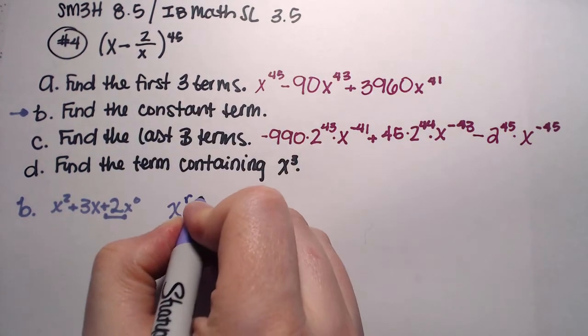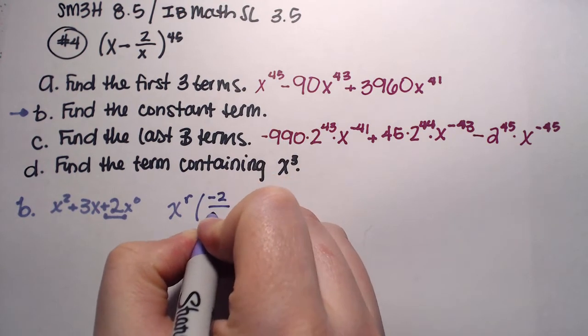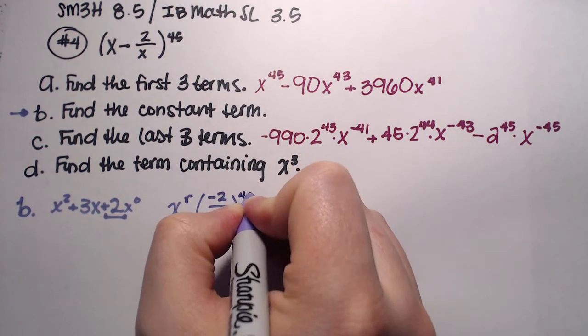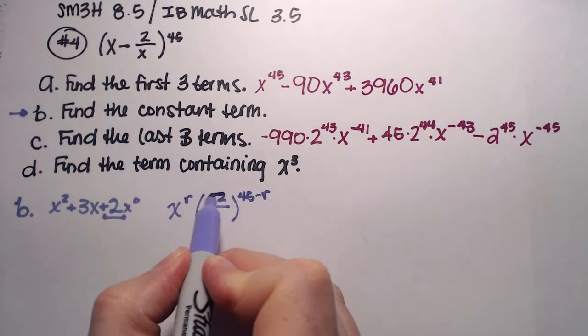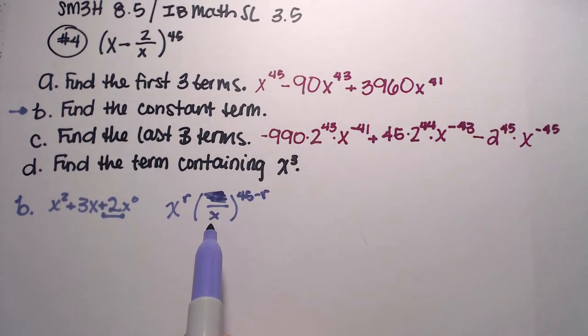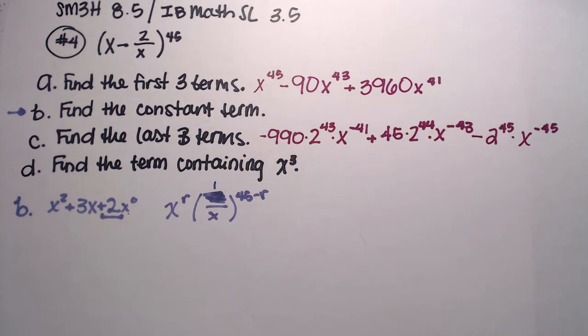And then negative 2 over x to 45 minus r. Whatever those are going to be. Now, I don't really care about the number because I just care to see if we're going to have one. So I'm going to pretend like it's 1.